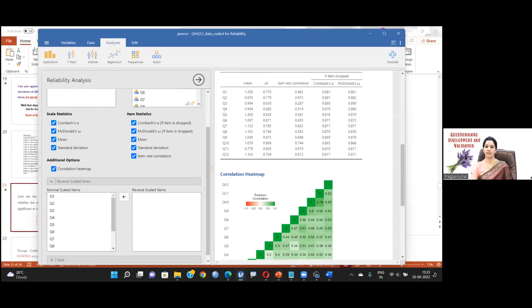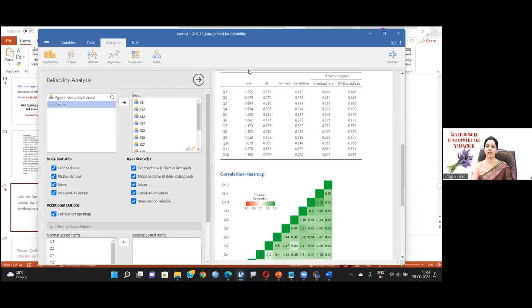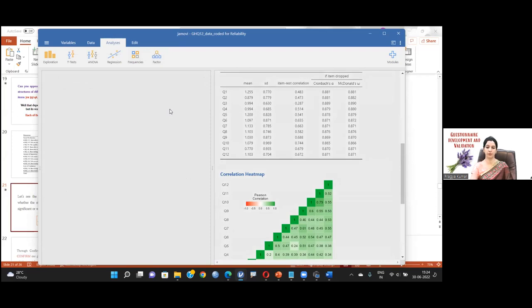We did this General Health Questionnaire data analysis yesterday for reliability. If I want to do the factor analysis, I'll go to factor, then exploratory factor.